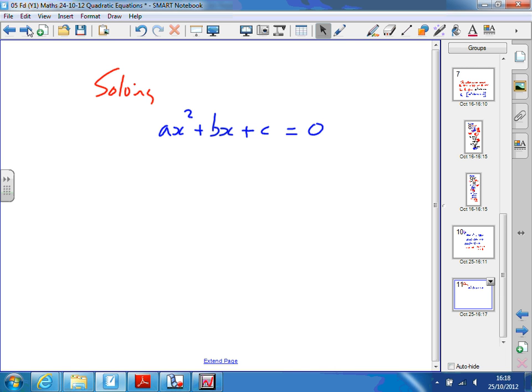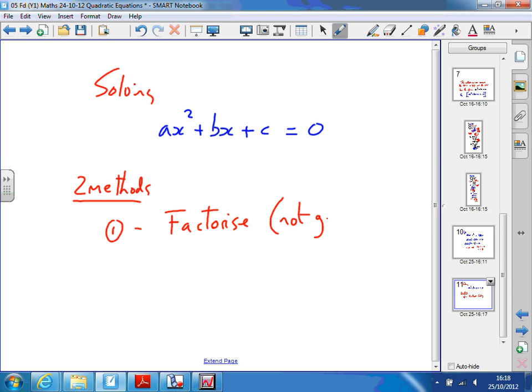And there are two methods that we employ. One, factorize. And this only works sort of not general, so it works for some specific examples.